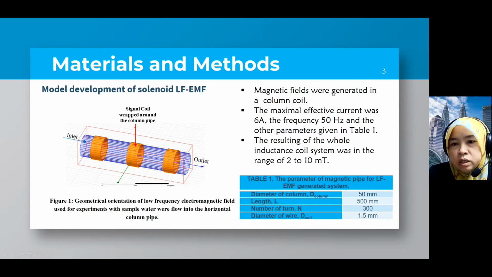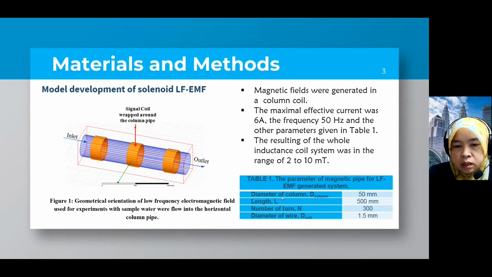The magnetic field will generate in the column pipe, and the maximum effective current used is 6 ampere. The frequency is 50 Hz and the other parameters are shown in Table 1. The resulting magnetic field of the whole inductance coil system was in the range of 2 to 10 millitesla.